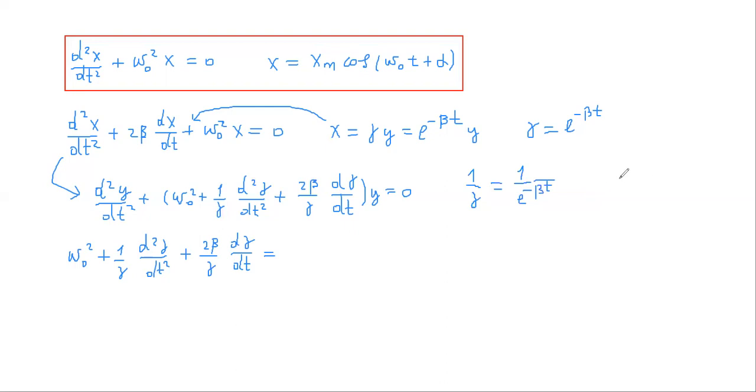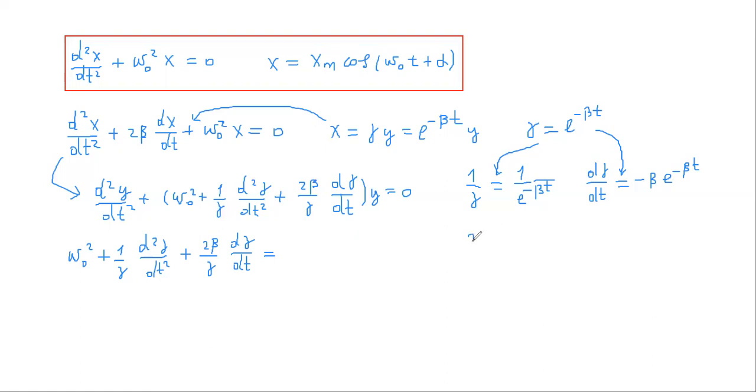And what about the first derivative d gamma by dt? It is equal to minus beta e to the power of minus beta t.